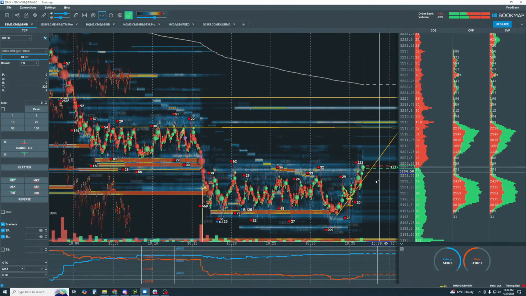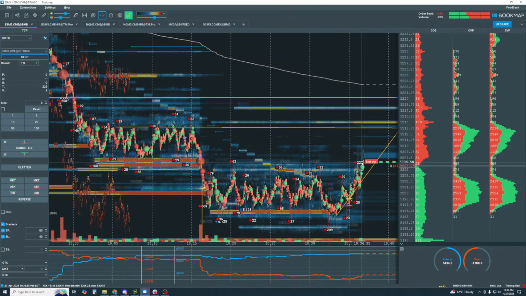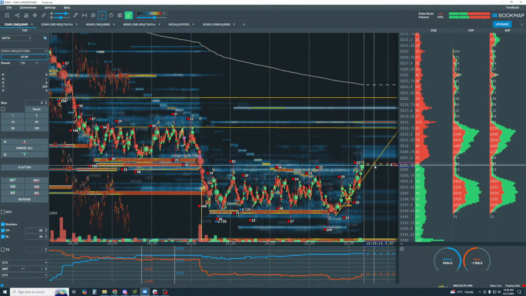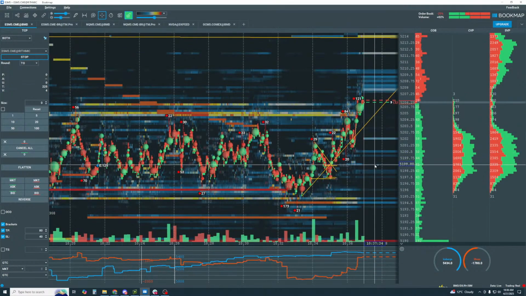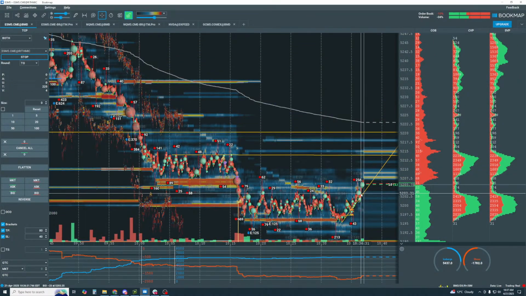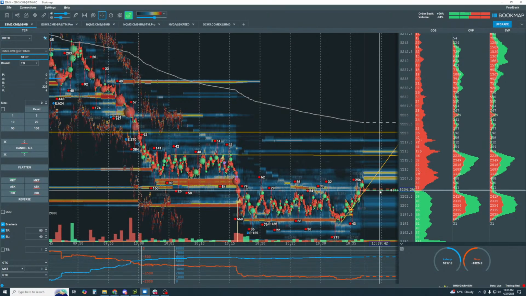One of the things I really like to look for in a mean reversion trade like this is that I want to see significant buy volume in here, and I don't really see that right now. So it's kind of keeping me away from that idea.